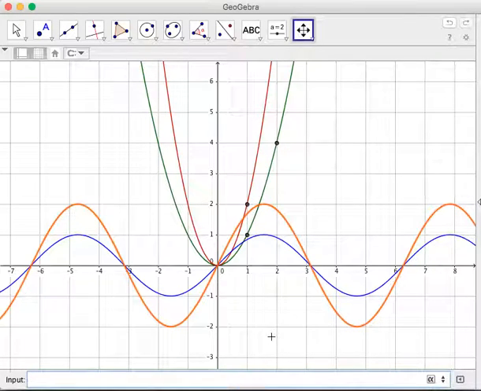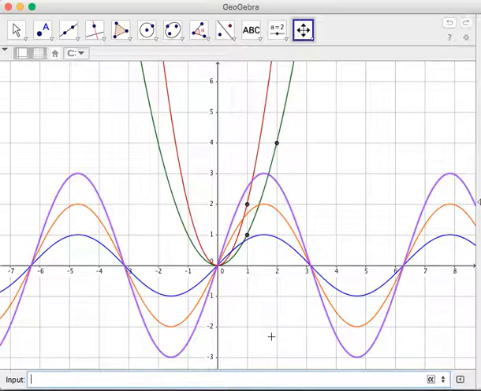So, kung may another function tayo na y, for example, y equals 3 sin x, yan, mas mataas siya. So, this is a factor of 3. Graph ng sin x.